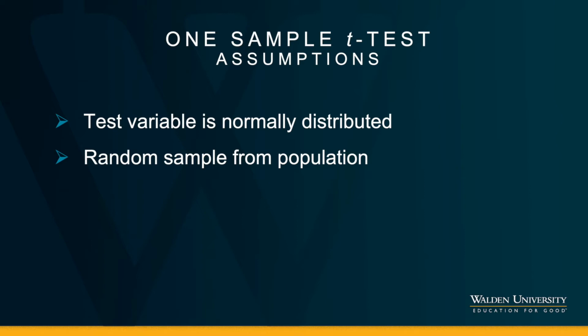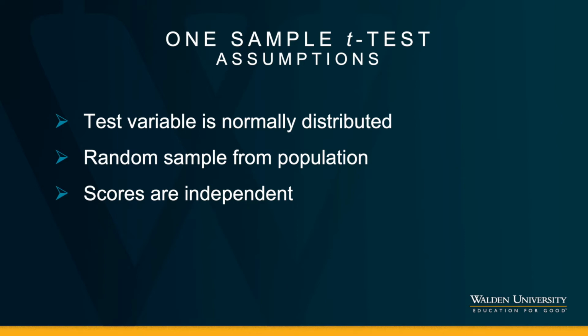For us, that is not something we can test. We have to accept that the researcher sampled in a random way. And also that the scores are independent. In other words, that the participants didn't talk to each other and predetermine the scores, but that it's truly independent. Again, that is an element that we have to trust the researcher took care of.